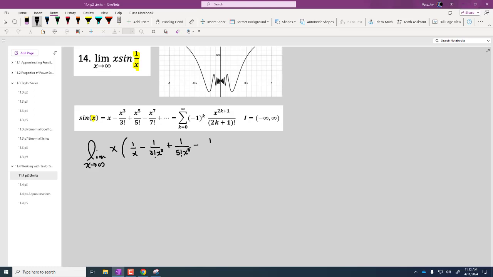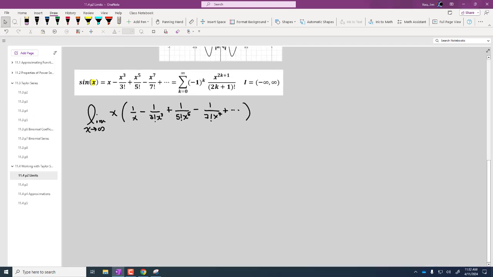And so we end up with this looking thing, plus dot dot dot, parentheses. Then we distribute the x, and when we distribute this x, you're starting to see the pattern. One of the terms needs to simplify, and the other terms should all go to somewhere obvious, like 0.